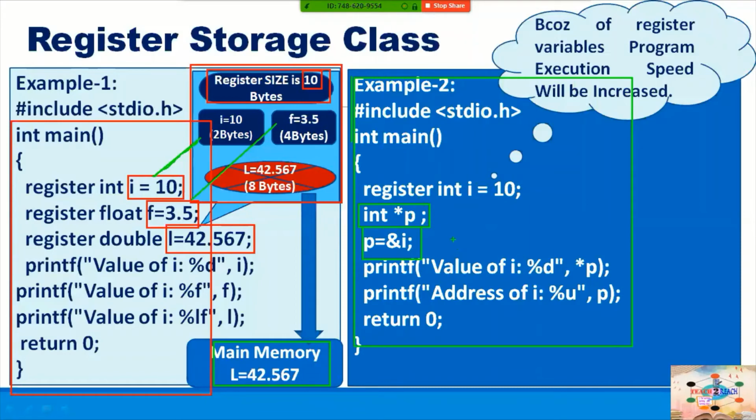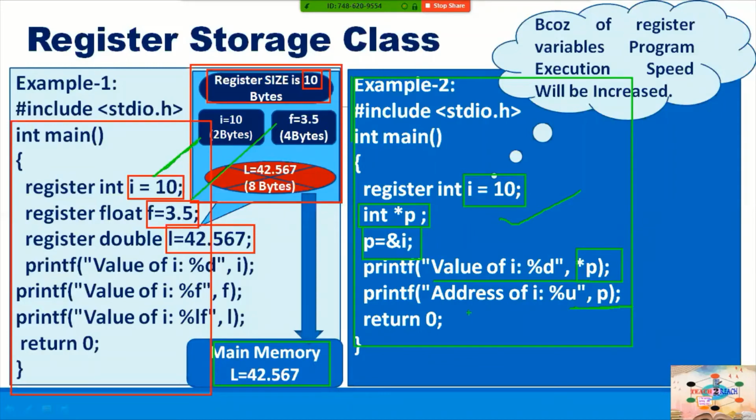In this case, we can access that particular value I. First, the compiler will allocate memory for this I variable within the CPU register, and it can be accessed frequently with the help of the pointer to perform the dereferencing operation. Meanwhile, the required output will also be obtained. Here, with the help of this dereferencing operation, I am displaying the value 10, and the address of I will be displayed over here.